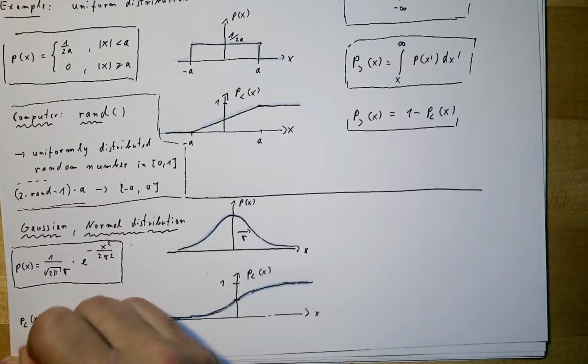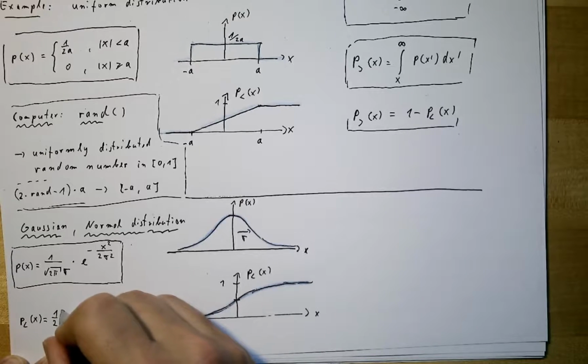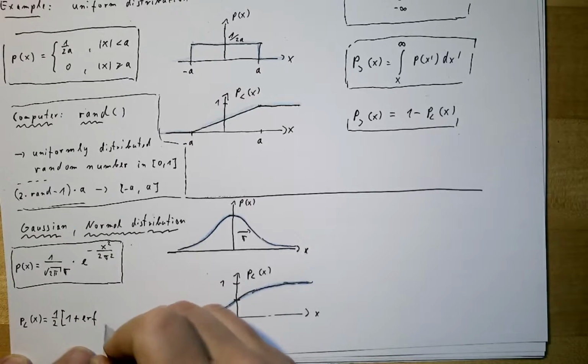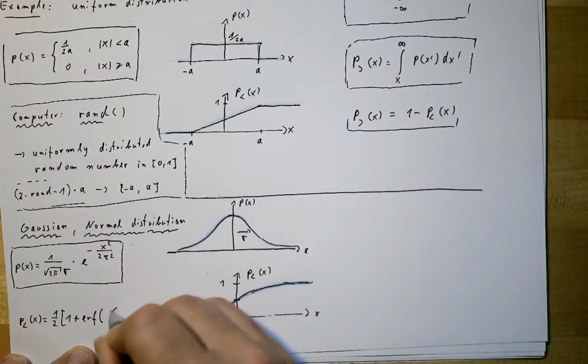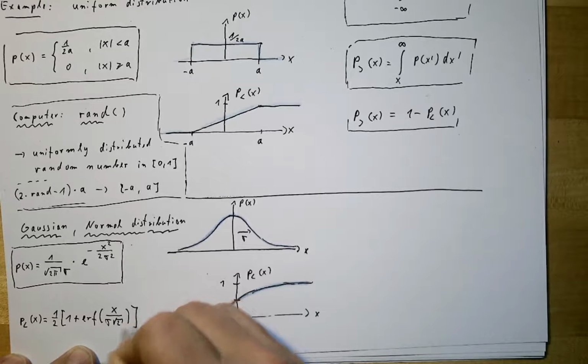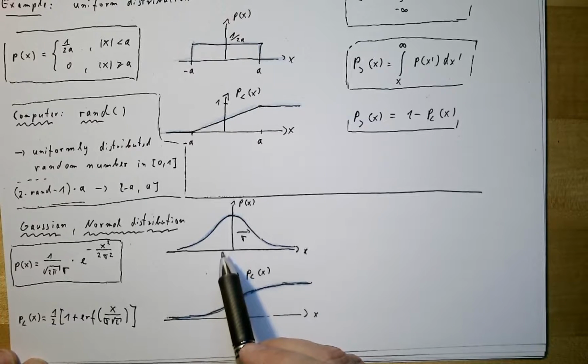To write it down precisely, this is 1/2 times 1 plus the error function of x divided by sigma and square root of 2. But we just have to remember, okay, it looks like this, and basically this is the error function. So how do we get a Gaussian random number in the computer?